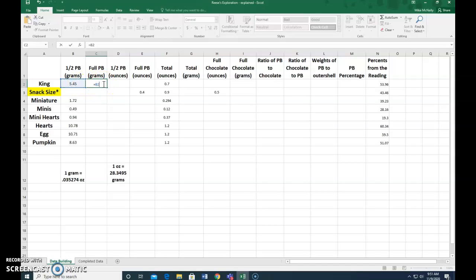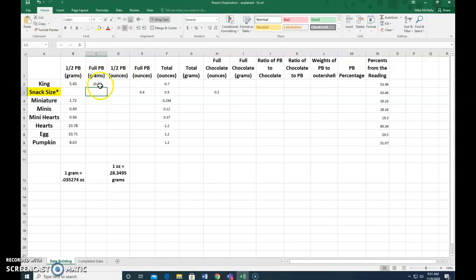We're multiplying by 2. This is something to remember. The multiplication sign for Excel is not an X. It is the asterisk, which is above the 8. So I'm going to click an asterisk, and we want to say this number times 2. There it is. And you can check that, but that is correct. 5.45 times 2 is 10.9.